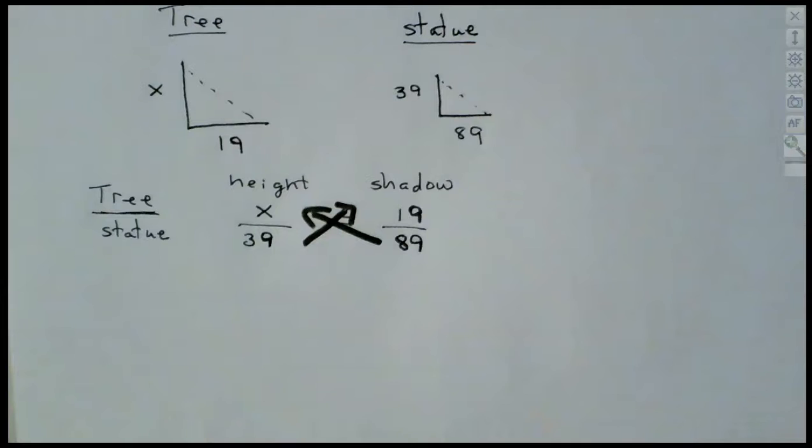Now, where would you use this as an application? Well, this is actually used a lot in law enforcement when they try to figure out the height of an individual. If you've got a photograph and you've got a building that casts a shadow, and you've got a suspect walking on the street, and he also has a shadow, you can figure out how tall that person is by measuring the shadow, looking up how tall the building is, and then comparing it to the shadow of the man in the photograph.